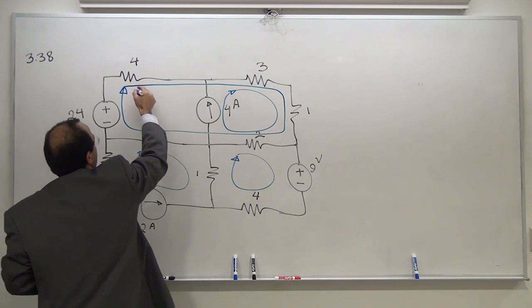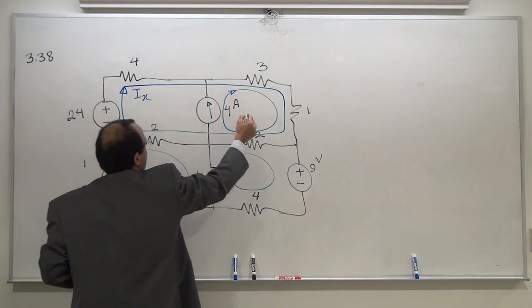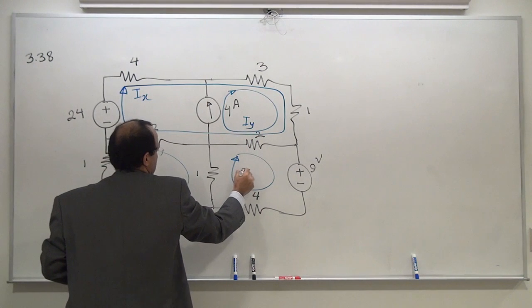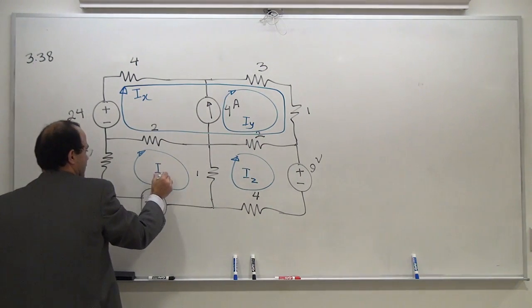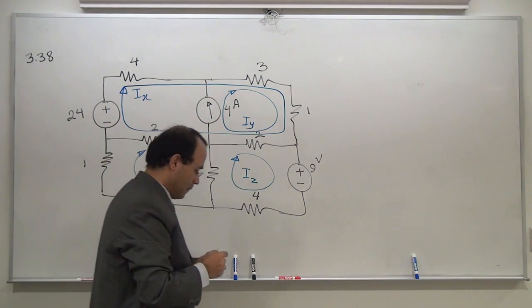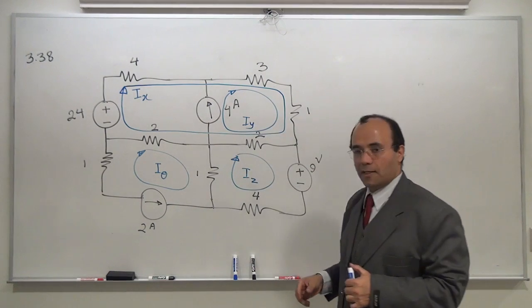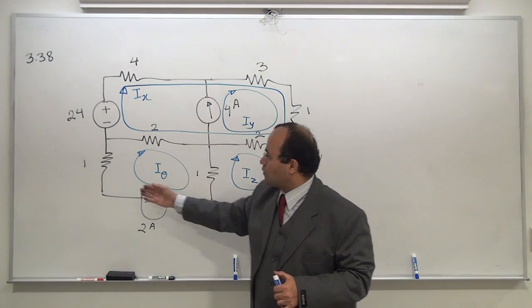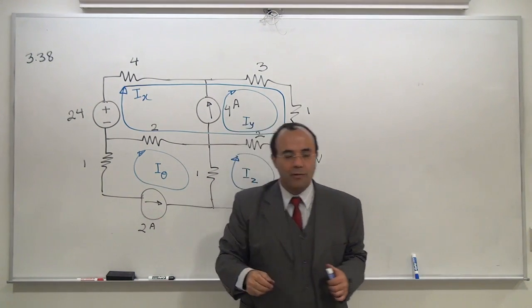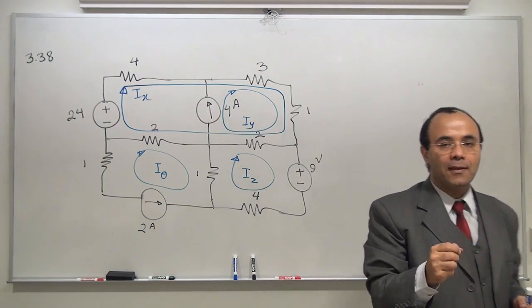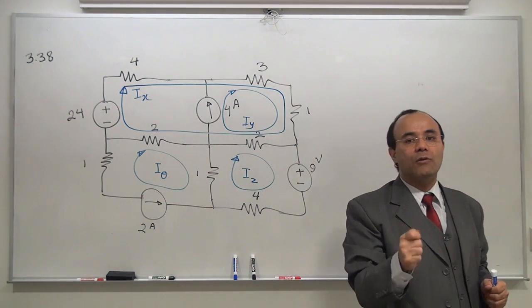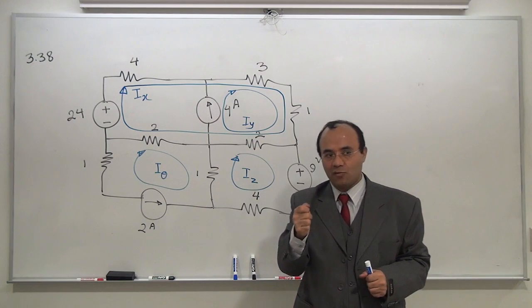And I'm going to start labeling them. Now this is Ix, this is Iy, this is Iz, and this is I theta. You might feel a bit funny about the theta loop. You see a 1 ohm in series with 2 amp. The 2 amp is a force you need to live with. There's nothing you can do with it.